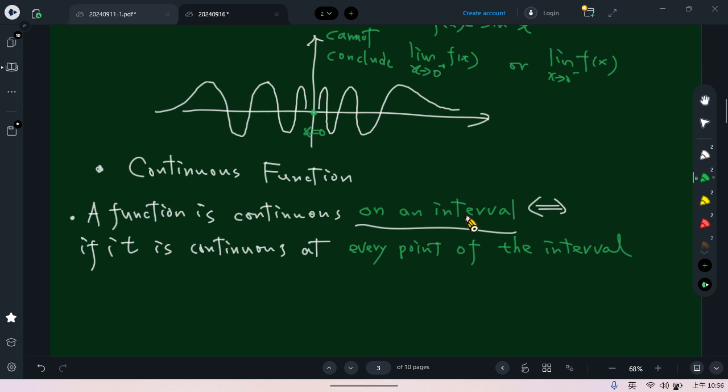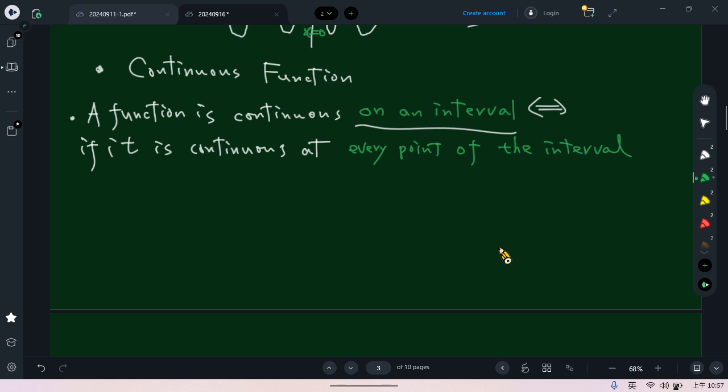So we need to check point by point in this interval and see if the point is still continuous for this function. If all points within this interval are continuous, then we say the function is continuous on a certain interval. So this is the first definition.